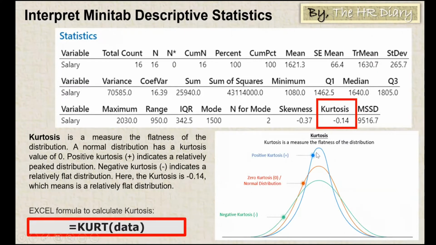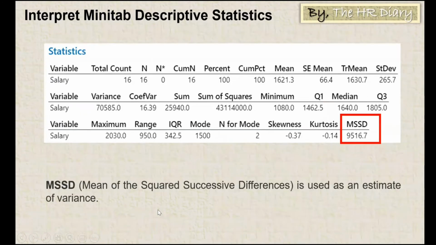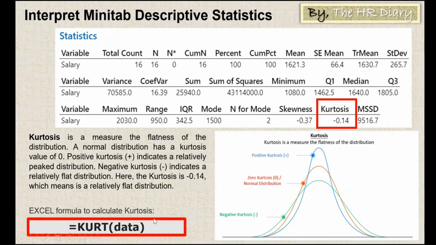This is a positive kurtosis. A negative kurtosis here indicates a relatively flat distribution. Here, the kurtosis is negative 0.14, which means it is a relatively flat distribution. This is the Excel formula to calculate kurtosis.